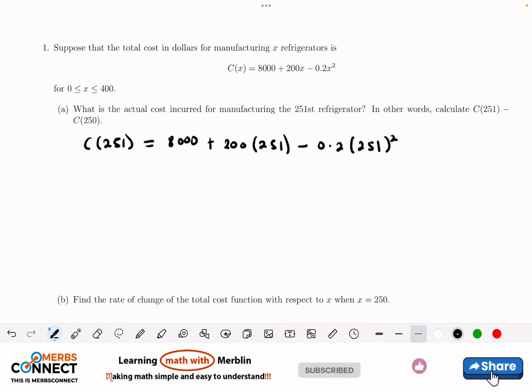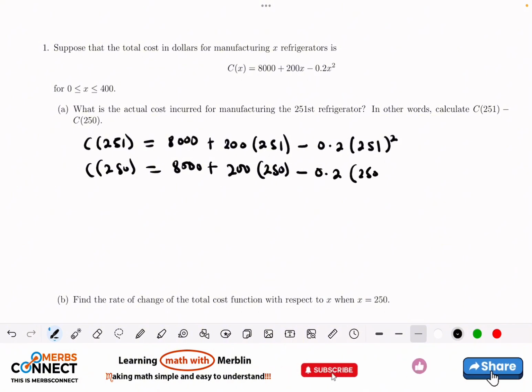So this is what I'm going to get for C of 251. Then C of 250 will be equal to 8,000 plus 200 times 250 minus 0.2 times 250 squared.